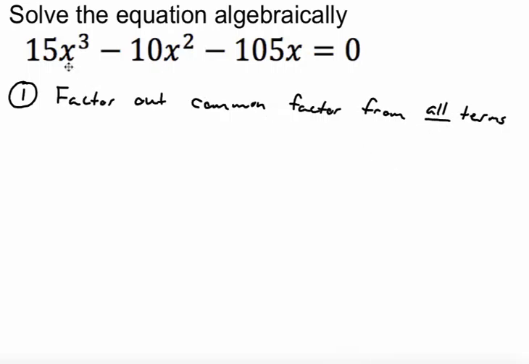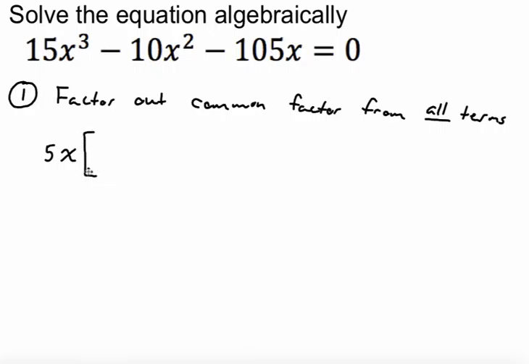So what does 15x cubed minus 10x squared and minus 105x all have in common? Well, we certainly see that they all have x's, so there's an x in common. But you'll also notice that all of them are divisible by 5, so I can actually divide out a 5x. And then I'm going to leave something inside.